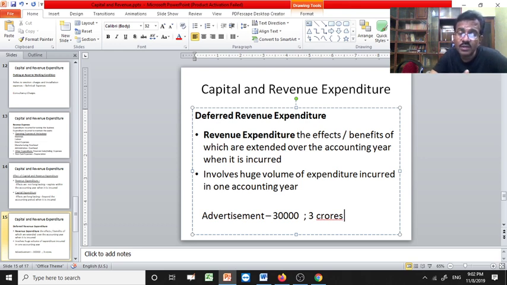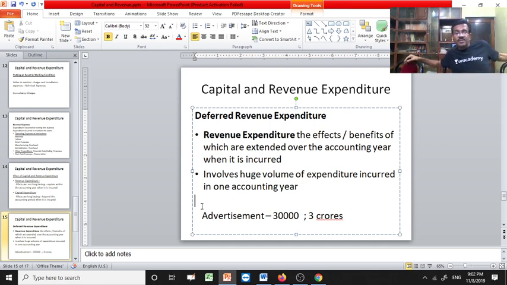So these expenditures, which are basically revenue type, but the benefits of which arise over a period of years, whose benefits extend beyond the accounting year when it is spent, are called deferred revenue expenditure. You are deferring it. You are not going to charge it off immediately.